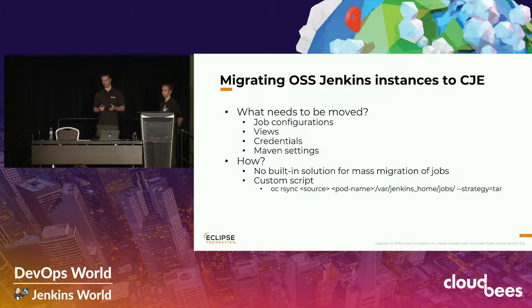Unfortunately, the rsync tool is a bit limited because it only allows moving folders, not individual files. So it isn't perfect yet, and we still have to iron out a couple of issues and test it with more instances. But it should work, and it's a way to do it.